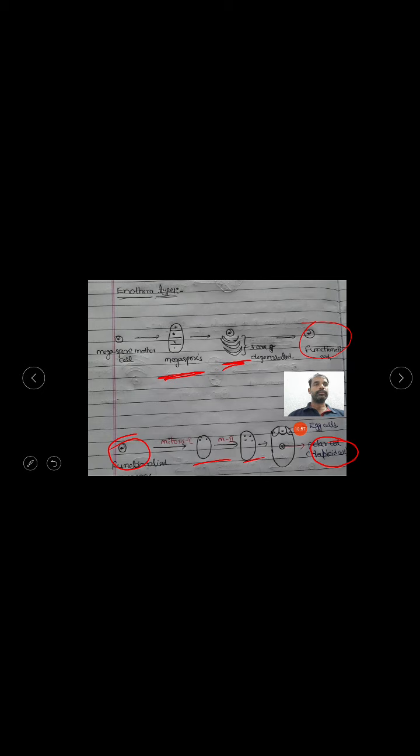Next one I can explain, the disporic type. What is the disporic type? Here also it is similar to before, in the development of the megaspore. There is one spore mother cell, in diploid condition, which undergoes one mitosis division, not meiosis division, producing 2 cells.